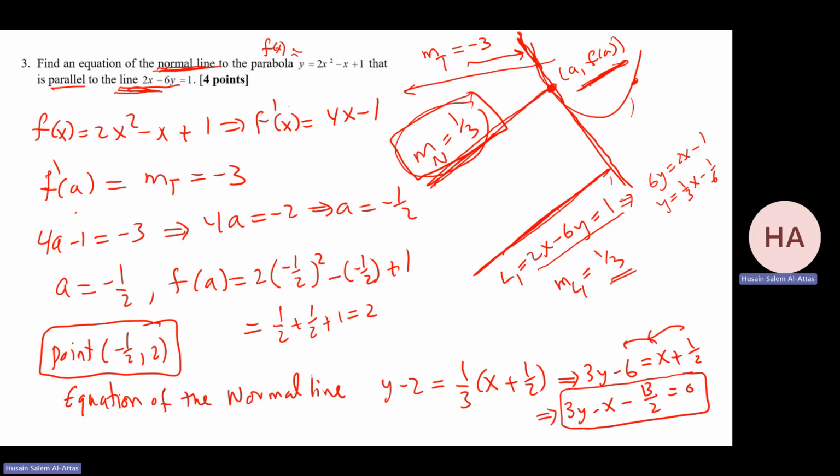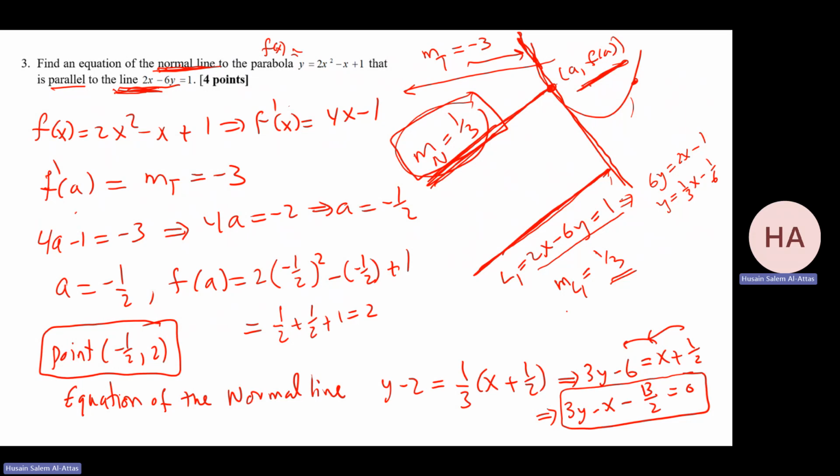Which the idea is clear. I have the normal line parallel to this line. So I have, this is the line, and I have a normal line parallel to it. It means the tangent line will be perpendicular to that line.